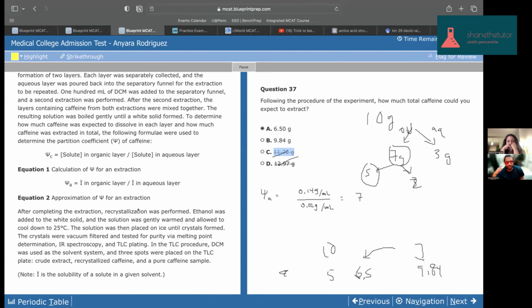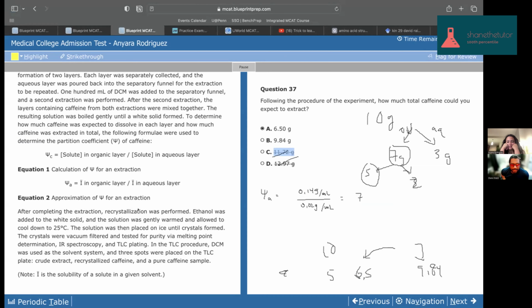So I think the partition coefficient would be the easiest way to think about this because it just shows you that you're going to have a lot more of it, 7 times as much of it, in the organic layer.